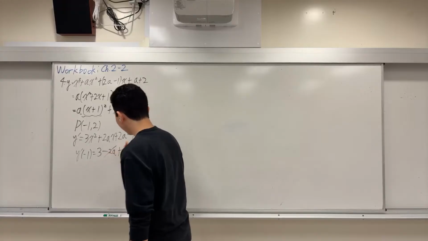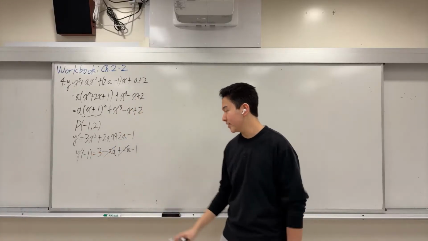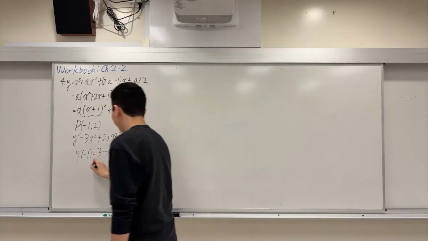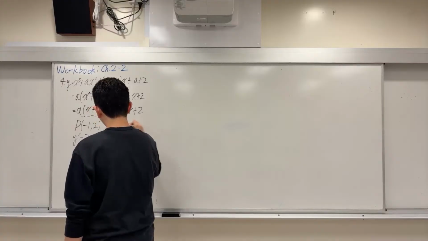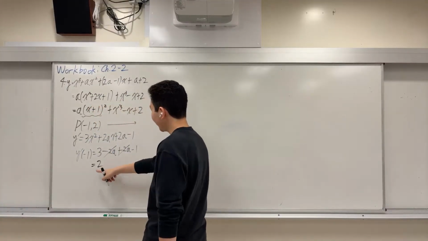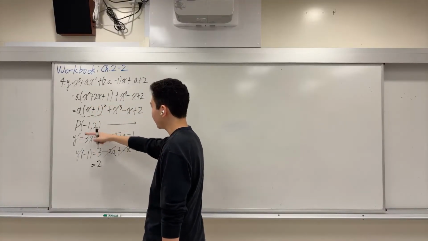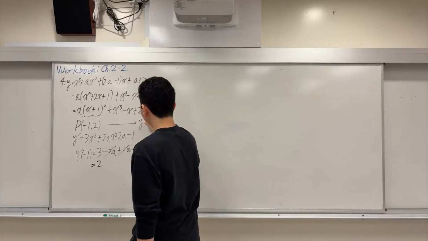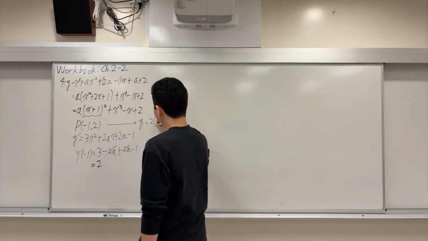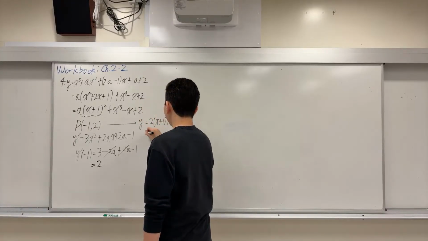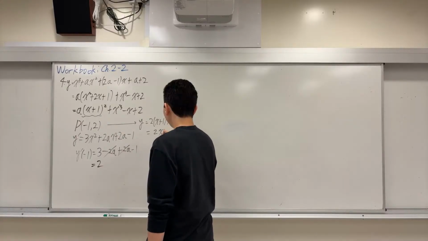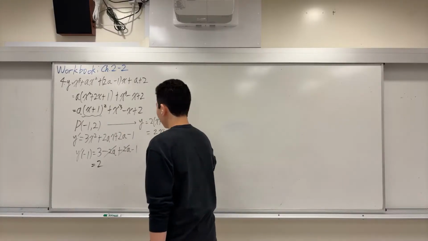Fortunately, our a's cancel out, so we don't need to deal with that. So that would be 2, and therefore our equation would be the line passing through negative 1 comma 2 with a slope of 2. So that would be y equals 2 times (x plus 1) plus 2, and that would be 2x plus 4.